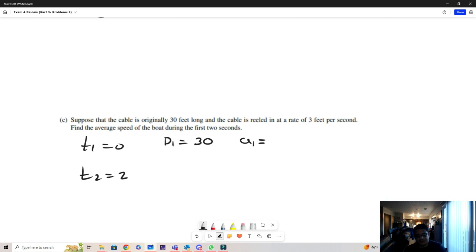And also we're going to have D2, which is going to be the original 30 minus a reduction of 3 feet per second, so 3 feet per second times 2 seconds. That gives me 30 minus 6, so it's going to be 24.